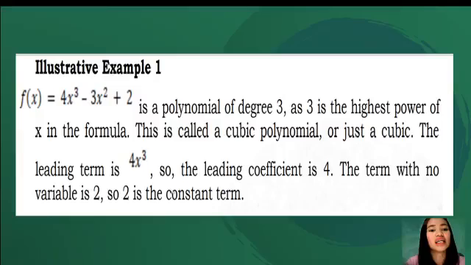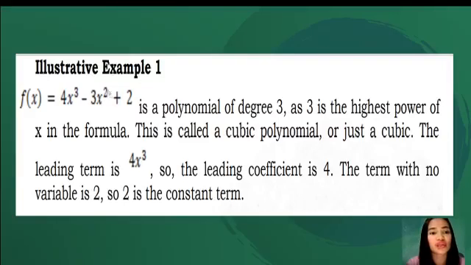Again, leading term. What is a leading term? A leading term is a term wherein we have the highest exponent. The highest exponent of this one is 3. Therefore, the leading term is 4x cubed. Then, what is the leading coefficient? The leading coefficient is the numerical coefficient of the leading term.